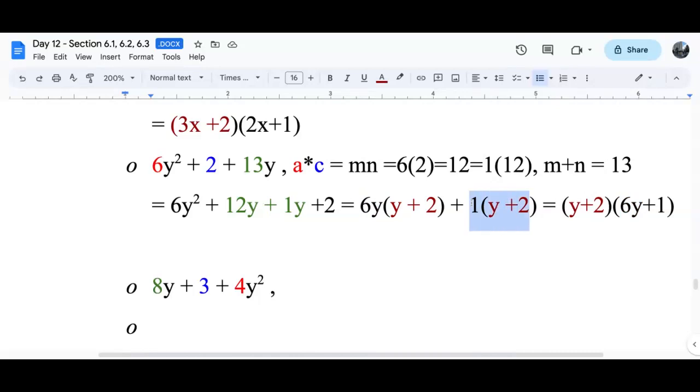When I factor out the second term, y plus 2, when I factor out the y plus 2 outside, what's left? You see there's plus 1 left, right? Sometimes you don't see this one. If you don't see this one, that's by default 1 there. Does this make sense?